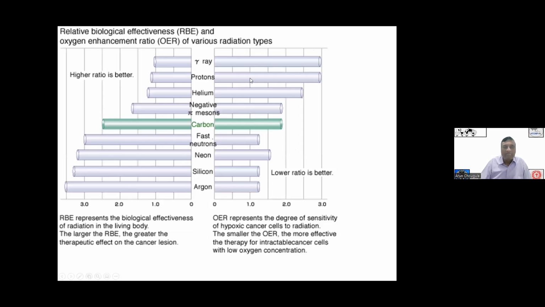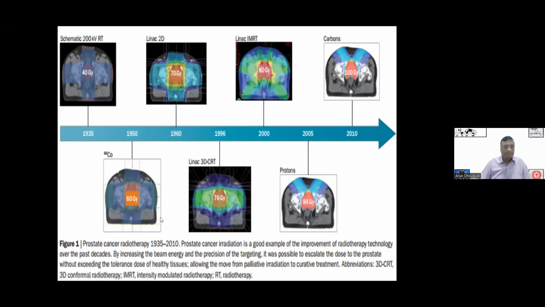And here you can see X or gamma radiation has an OER and RBE: RBE is less, OER is more. And as you come down here, you have protons, helium, carbon ions, and so on. So almost you can see the oxygen enhancement ratio approaches 1, but the RBE is more than 3.